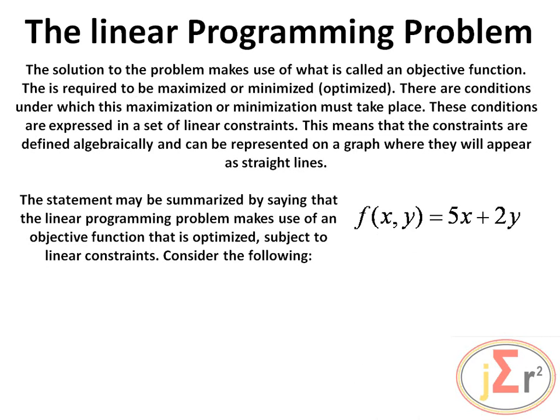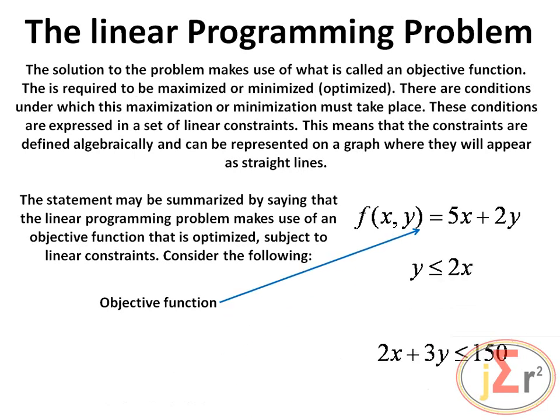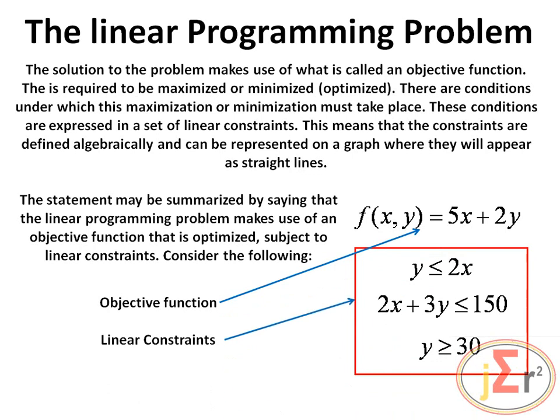So we are considering f of x and y, a function of x and y, 5x plus 2y. Now this is an objective function. And of course, we have a set of linear constraints.